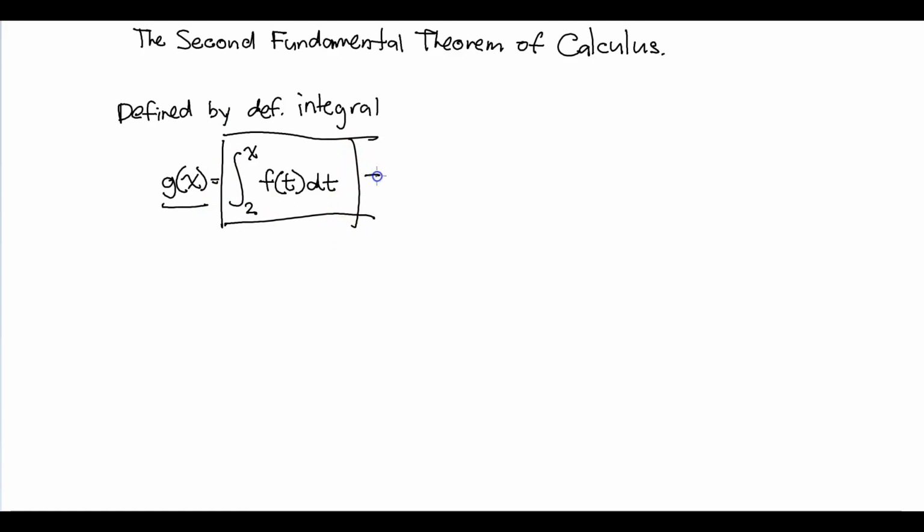This basically equals big F, our antiderivative, of x minus big F of 2. Using this, we can easily come up with the conclusion of the second fundamental theorem of calculus.